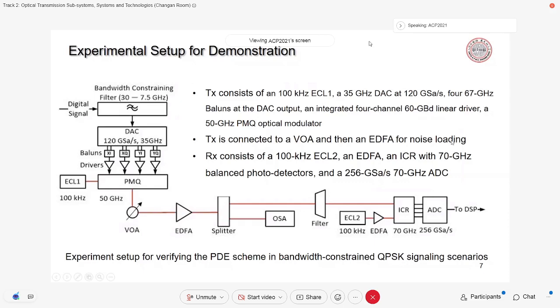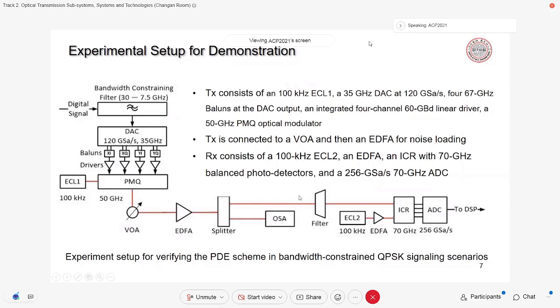This is a back-to-back measurement demonstration. This is a concept proof. So we started with back-to-back experiments. And on the receiver side, we also have this 100 kilohertz ECL laser. And we have this integrated coherent receiver, which is 70 gigahertz with 70 gigahertz balanced photodetector.